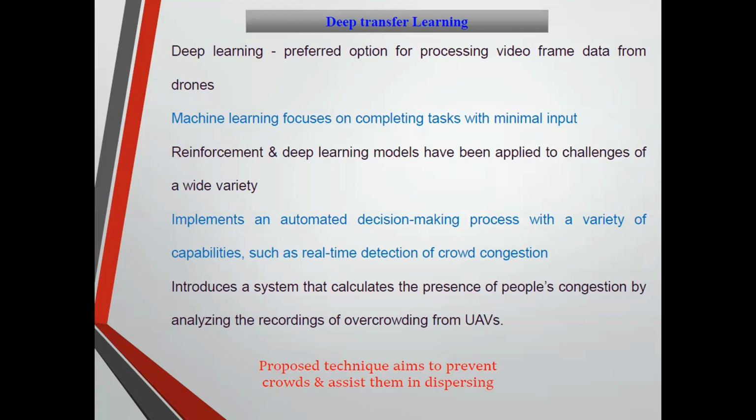Therefore, it is necessary to monitor various events continuously and analyze the network infrastructure. Social monitoring is becoming increasingly popular, so we need to implement an automated decision-making process with a variety of capabilities.